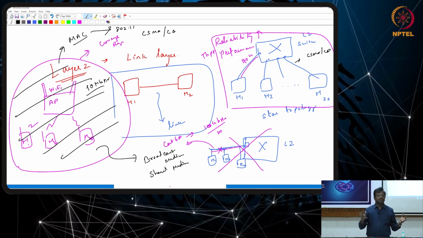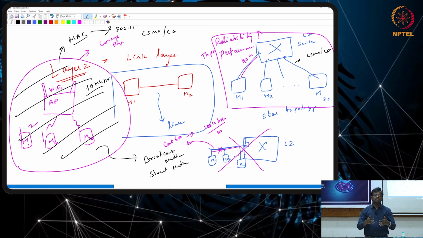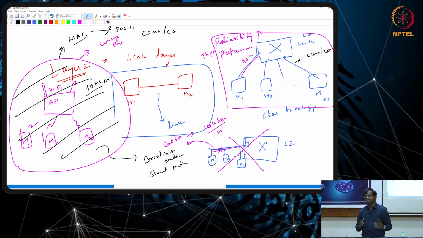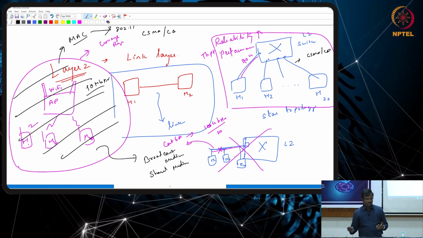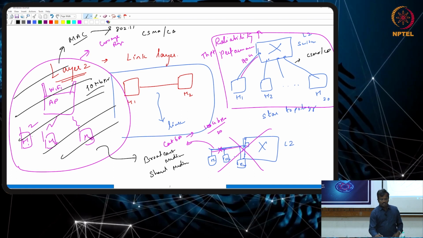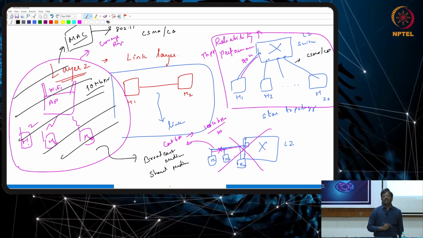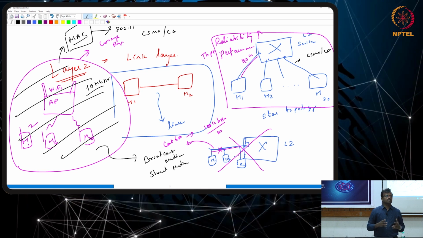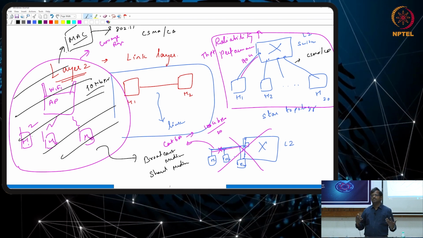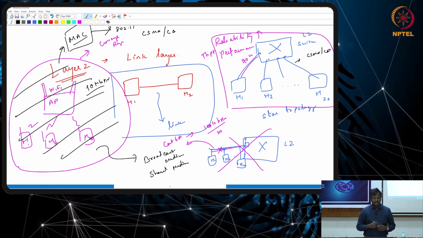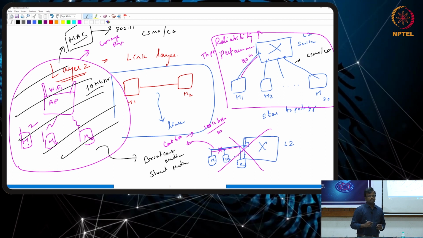Without this protocol, you cannot have multiple computers talk to an access point in a shared medium, and that is why you need some protocols in the link layer. This is one of the roles played by the link layer, which is the MAC protocol, which resolves the collisions of devices talking to each other in a shared medium.